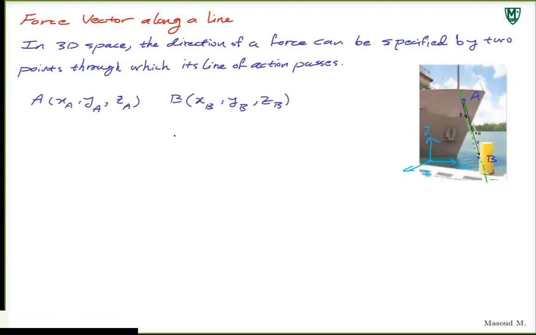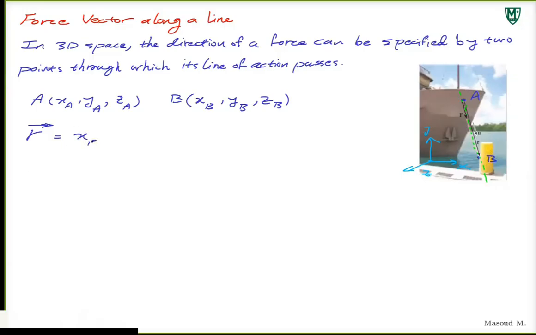So the vector R, going from A to B, is whatever the coordinates of B are minus whatever the coordinates of A are, right?